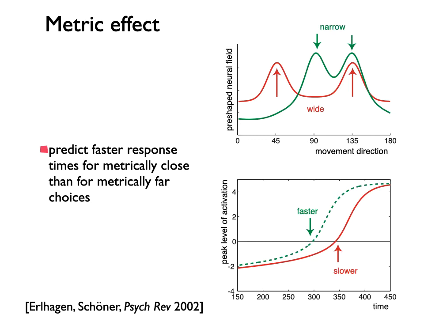It's really because the preshape overlaps, so the activation at the close choice sort of boosts activation at the other choice. If they're far, they don't overlap so much. That's sort of counterintuitive because you would think reaction time should be faster if the choices are easier to discriminate.